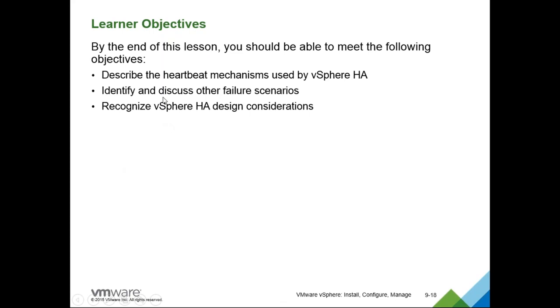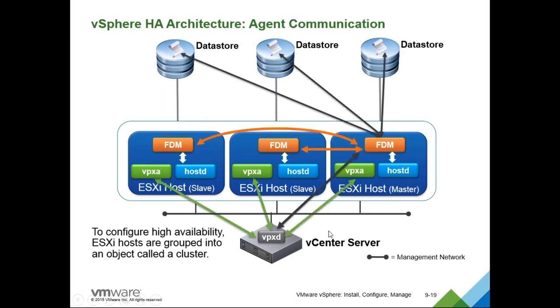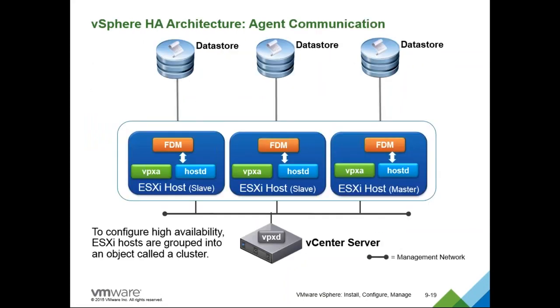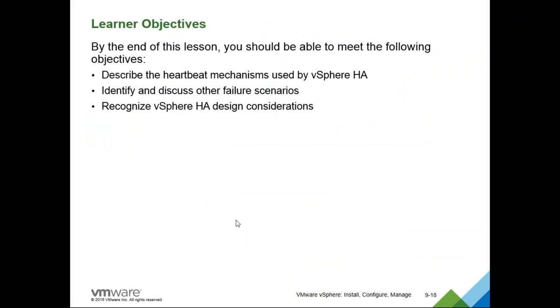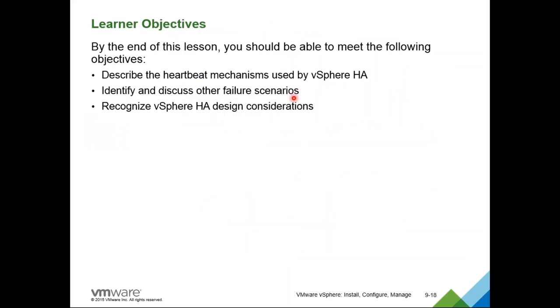So in this lesson we are going to describe the heartbeat mechanism used by vSphere HA, identify and discuss other failure scenarios when you implement an HA environment, recognize vSphere HA, and recognize vSphere HA design considerations. So these three topics we are going to discuss in this lesson.